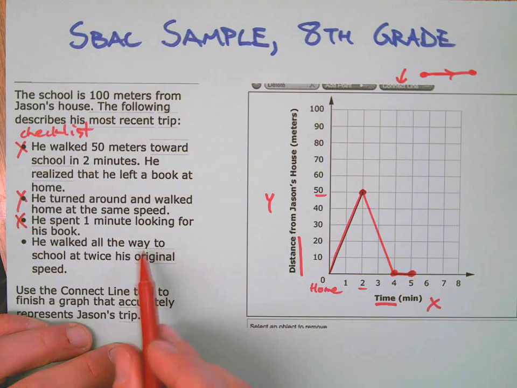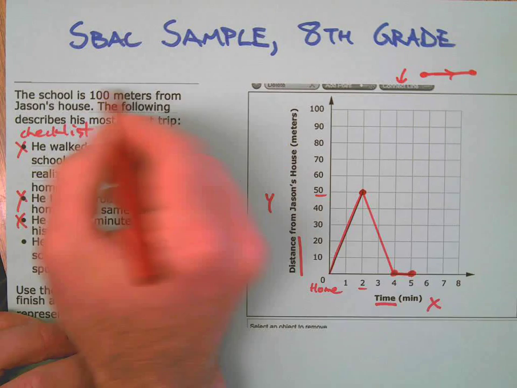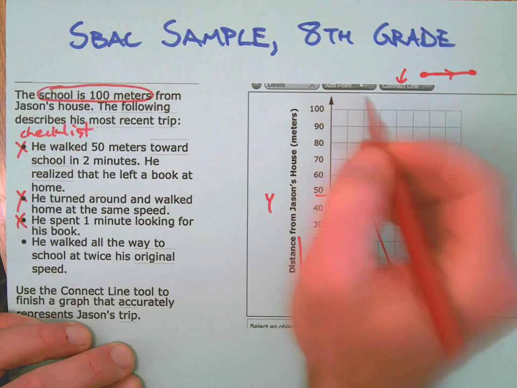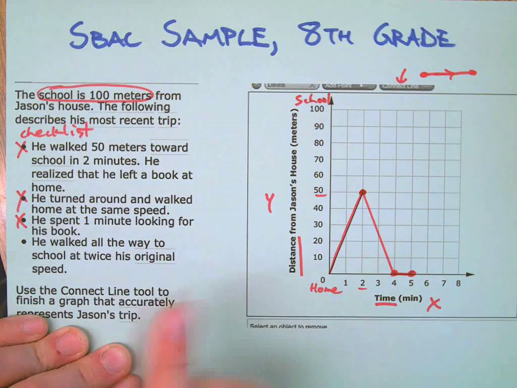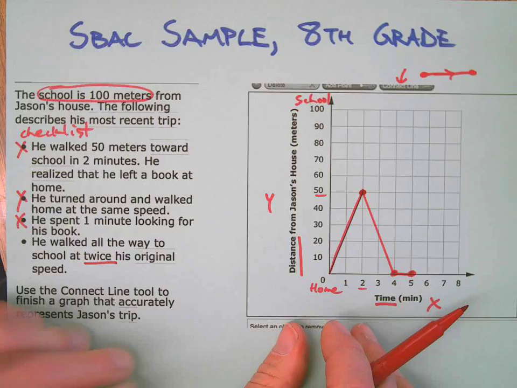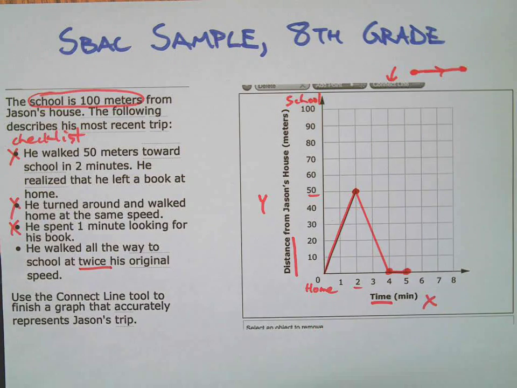And then finally, he walked all the way to school. So school is up here. He walked 100 meters at twice his original speed. Think about what that means.